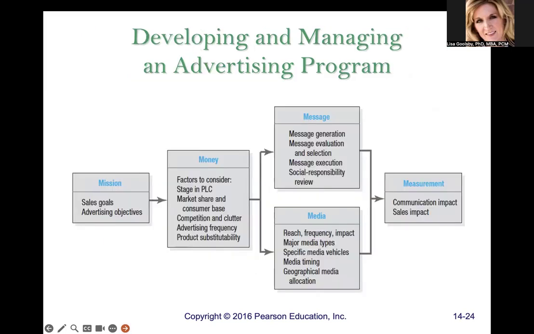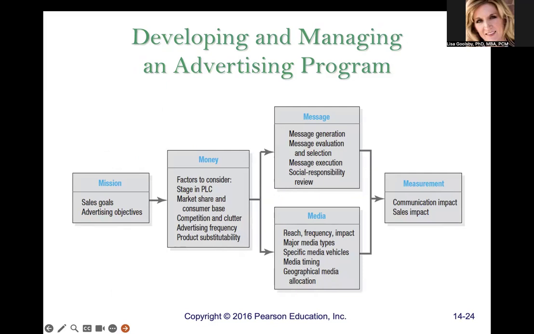So, looking at developing and managing a total advertising program, you've got to set out with your mission, setting those goals and advertising objectives, looking at how much money you have. What are the factors? Again, which stage in the product life cycle are we in? That will determine how much messaging we need. What is our market share and who is that customer base?